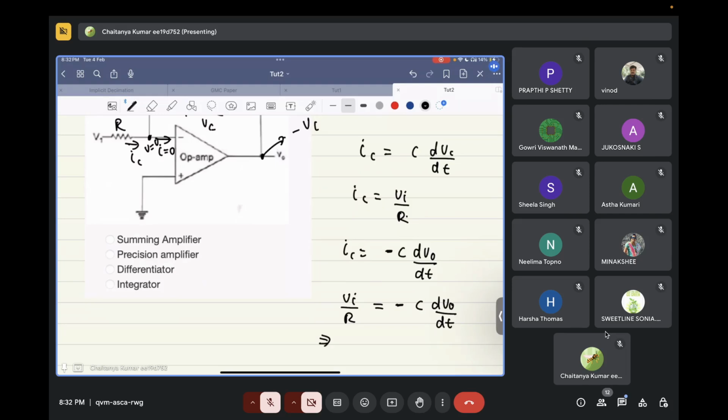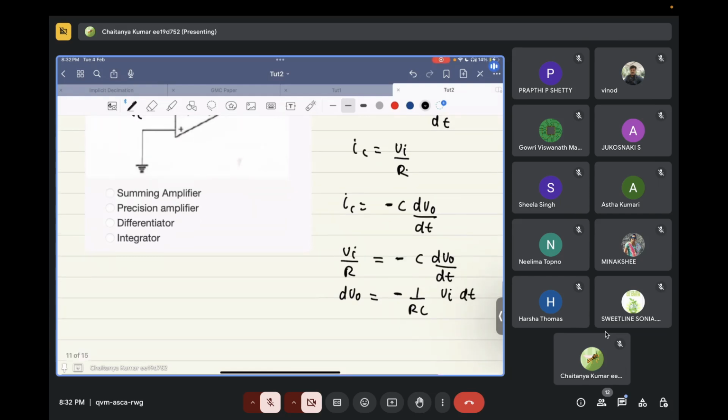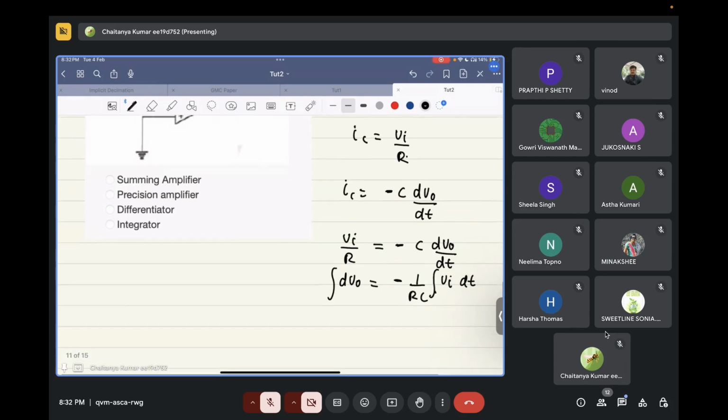That can be written as minus 1 by C. So dV naught is equal to minus 1 by RC times Vi dt, correct? Now if we integrate both sides from let's say 0 to V naught, and this is 0 to time t.